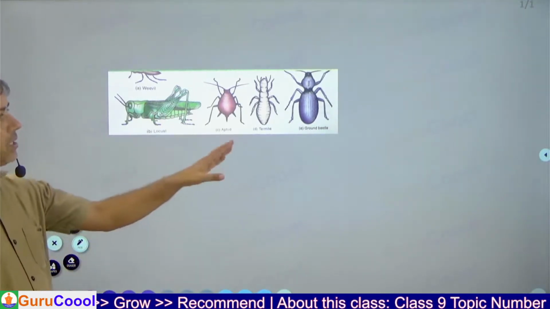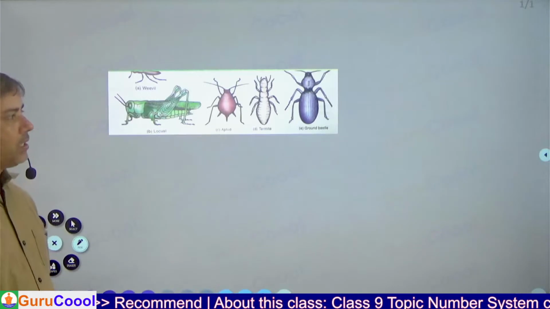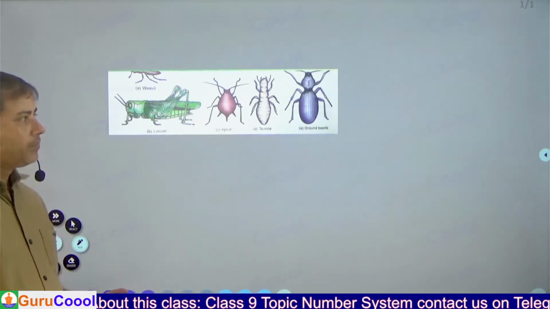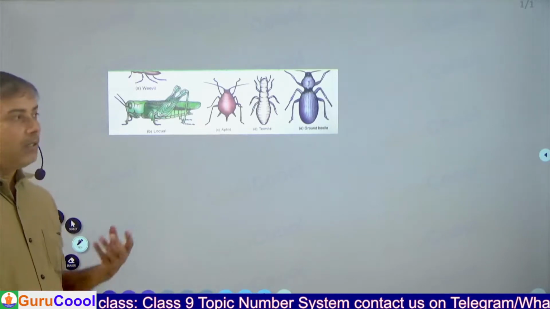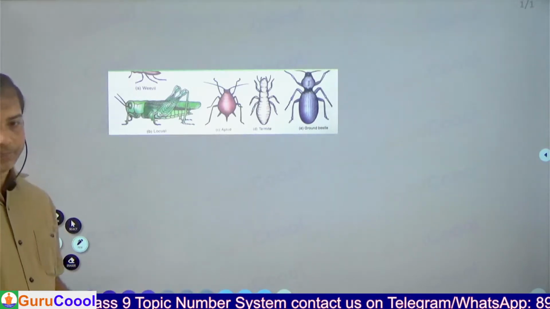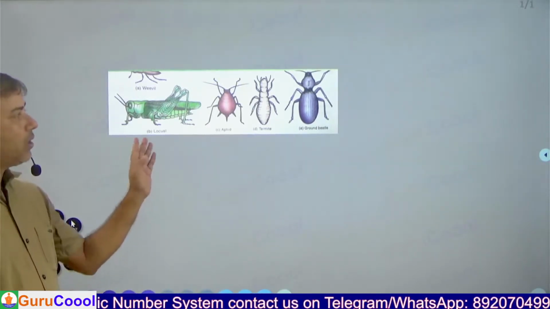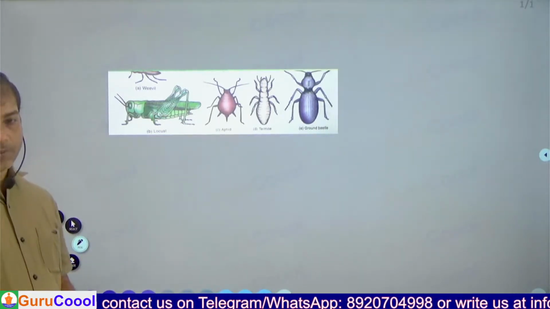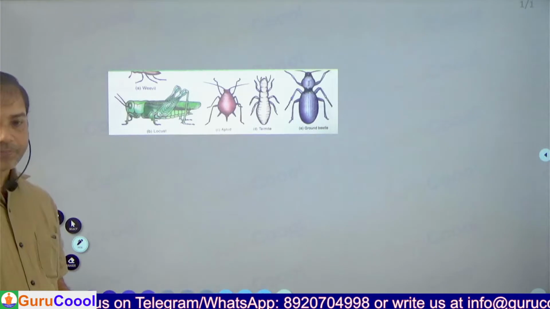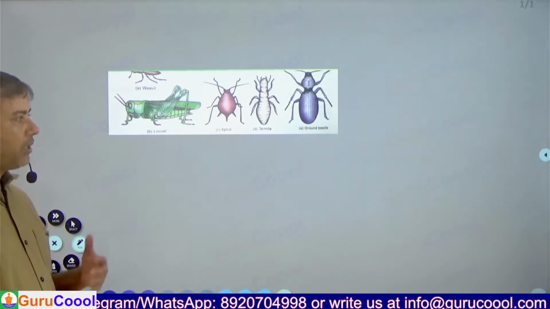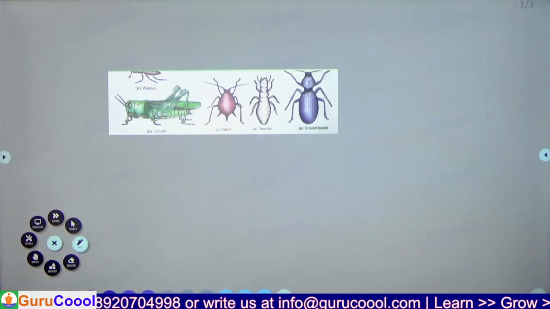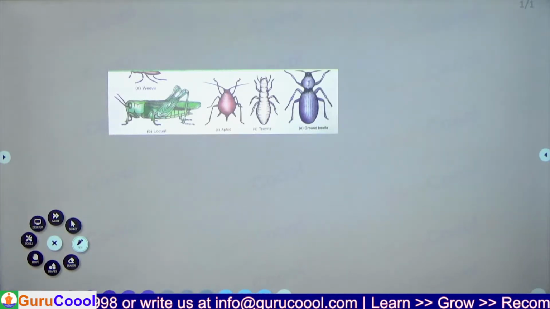And if these insects eat up the flowers and seeds and leaves, of course the crop plant will die. And if the crop plant dies, we will not get the production. So we have to stop these insects harming our crops, right? Yes, sir. And for that purpose, we use chemicals, pesticides, insecticides, etc.